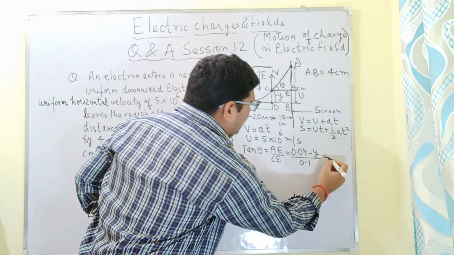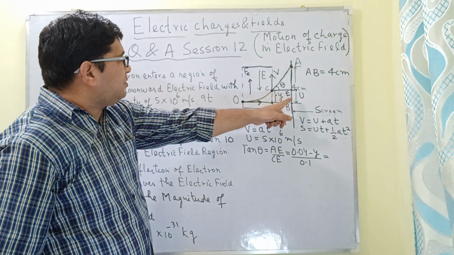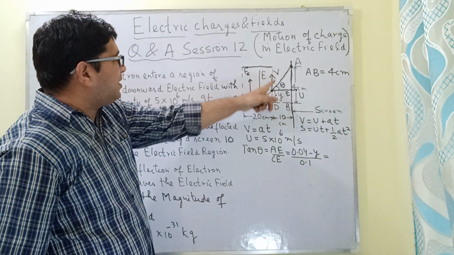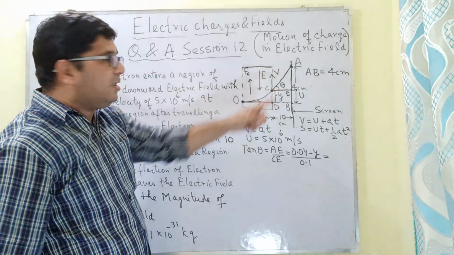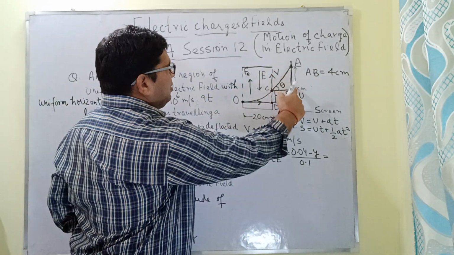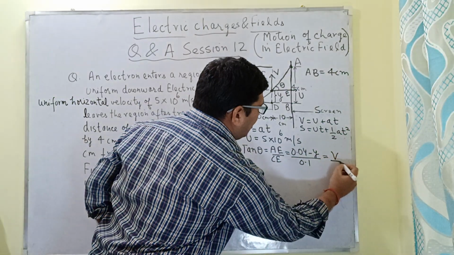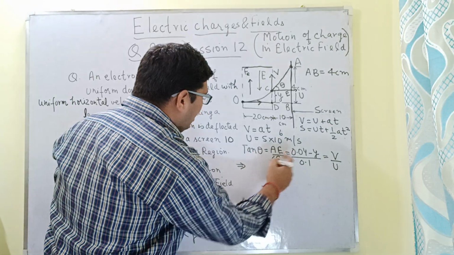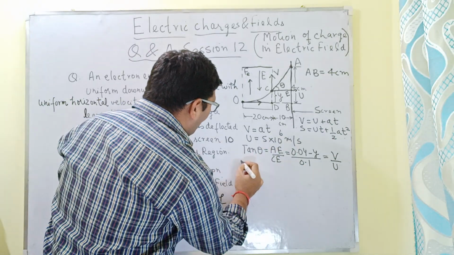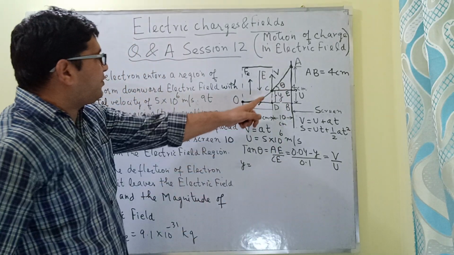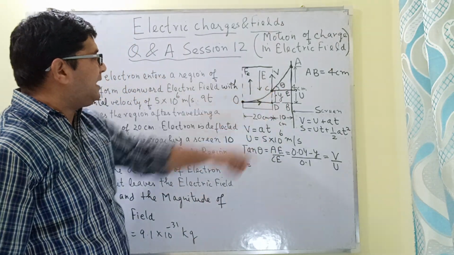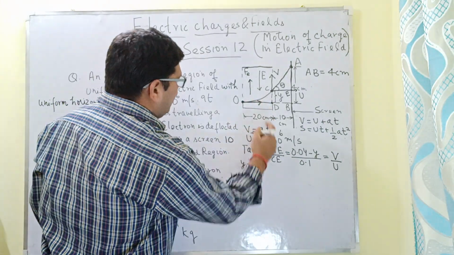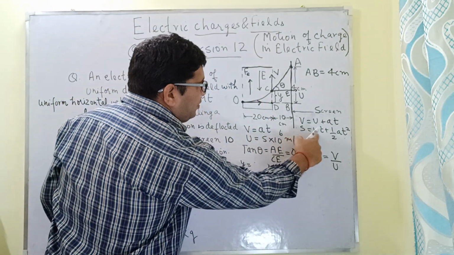Now this will also be equal to, the horizontal component of this velocity is u. I have already mentioned it here, and the vertical component of the velocity of the electron is v. So tan theta will also be equal to v upon u. So this is equal to v upon u. So it implies that y, the deflection of this electron at this point C, that is at the point where the electron is exiting the electric field, will be equal to ut plus half at square, s is equal to ut plus half at square.